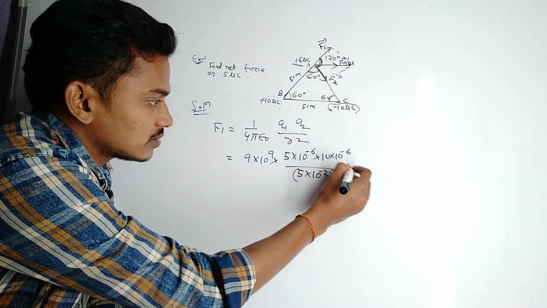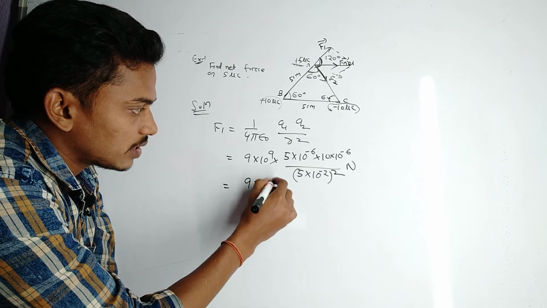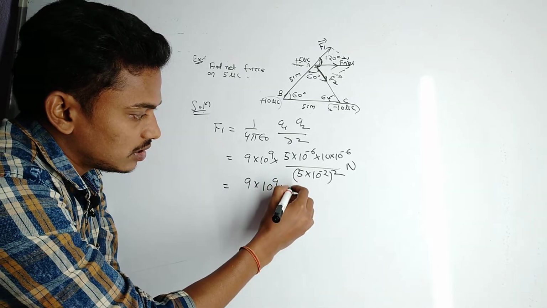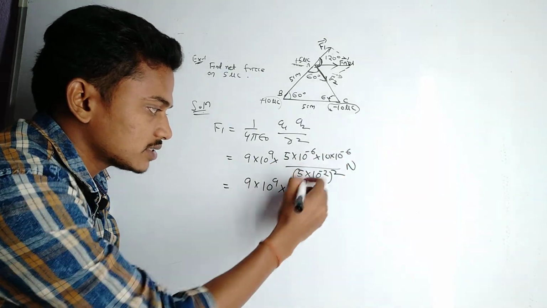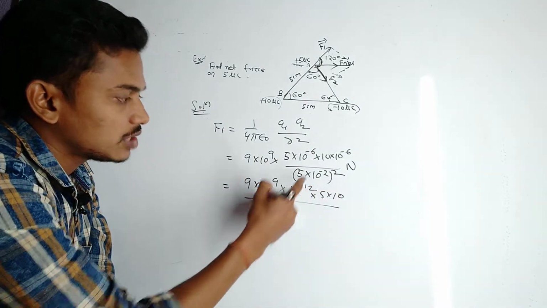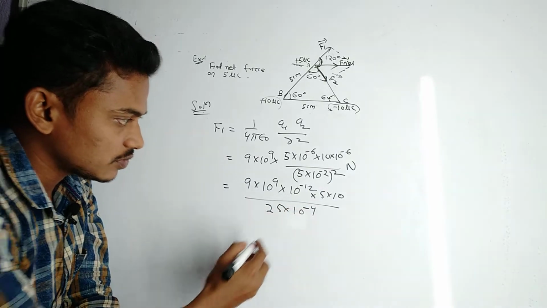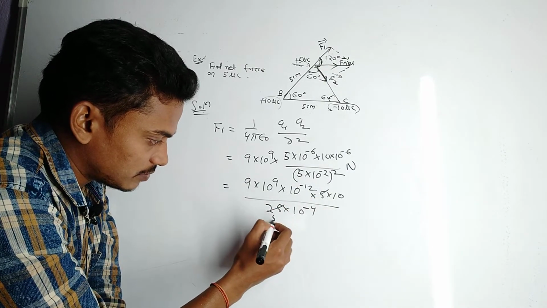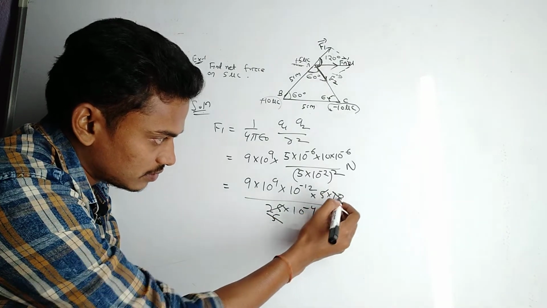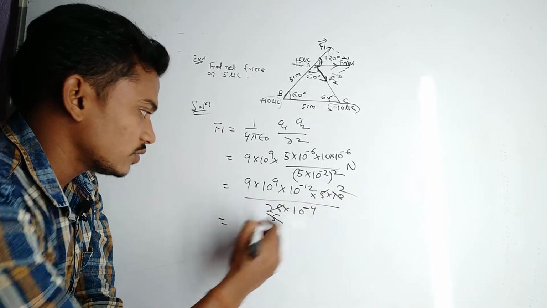So r square is 5 into 10 to the minus 2, squared. The force in Newton is 9 into 10 to the power 9 into 10 to the power minus 6 minus 12... into 5 into 10, whole divided by 5 square, which is 25 into 10 to the power minus 4. So 5 into 5 is 25, 5 into 2 is 10, so 9 into 2 is 18.